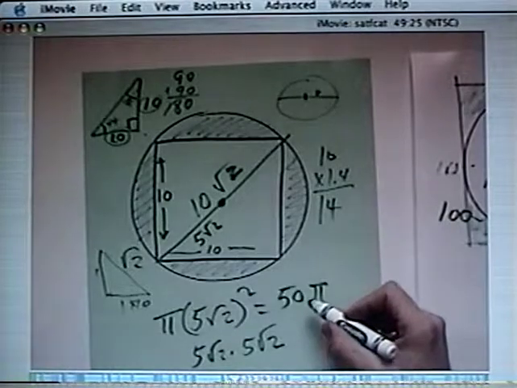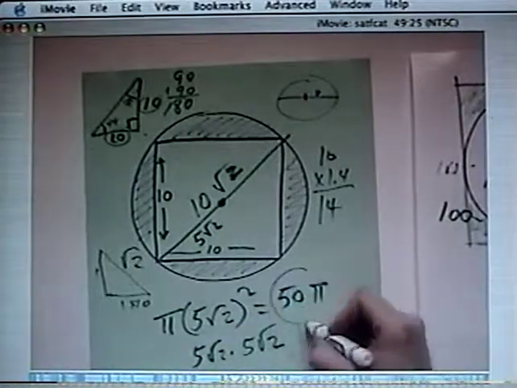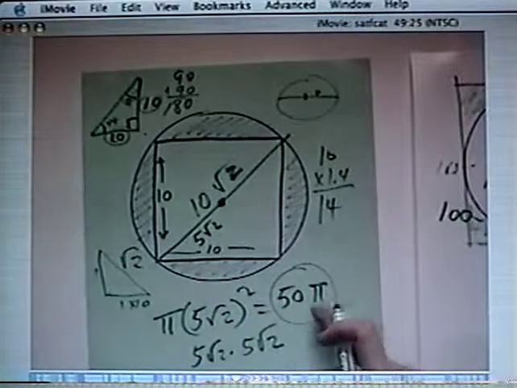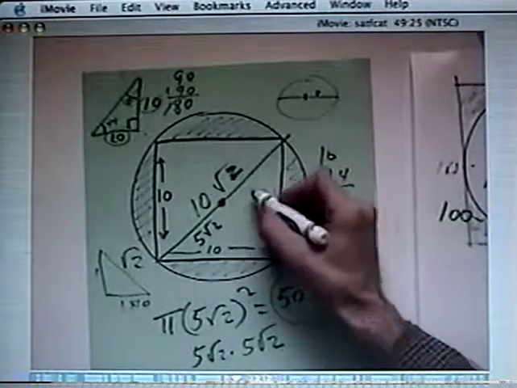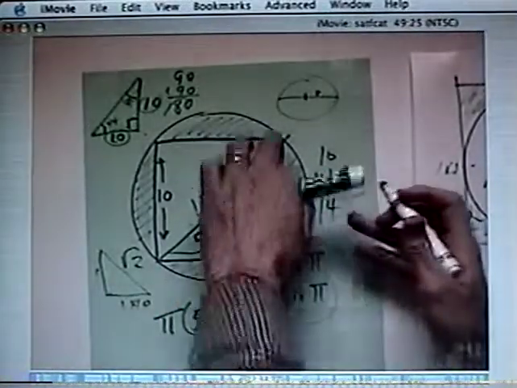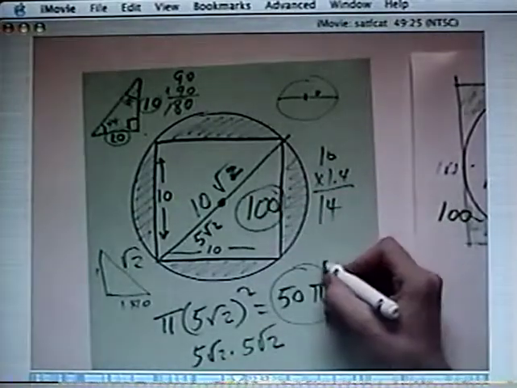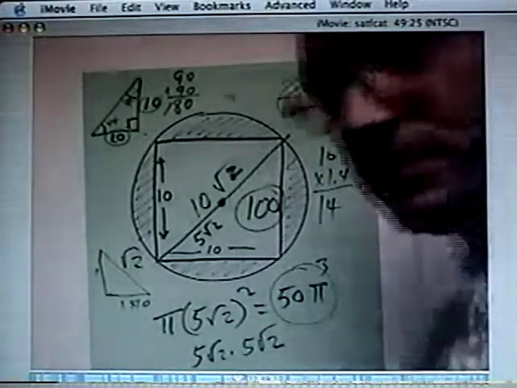So the secret here is the area of this entire circle is 50 pi. 50 pi. The area of 10 times 10 is 100. We said pi is about 3.